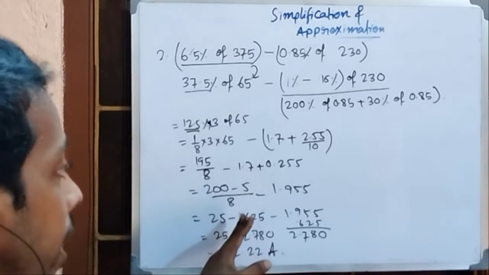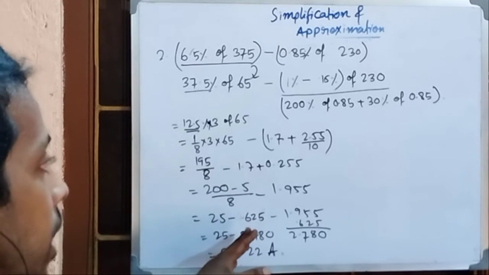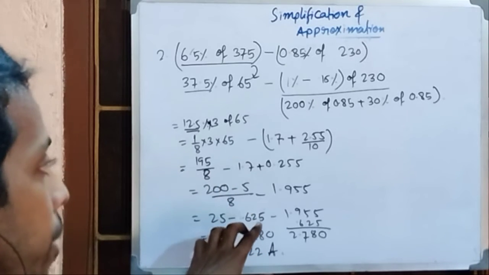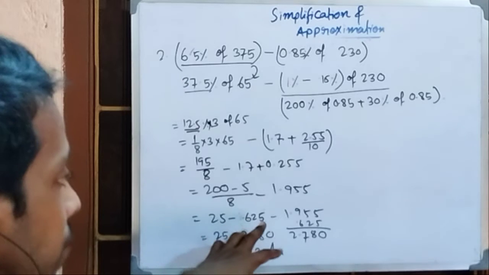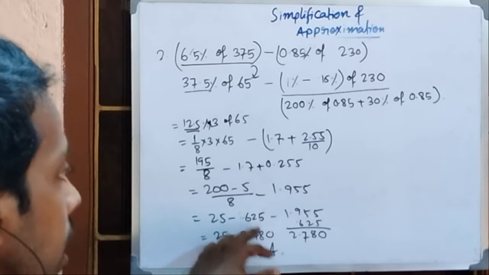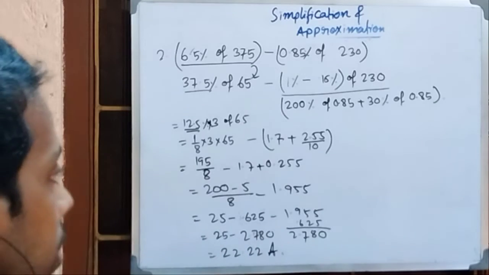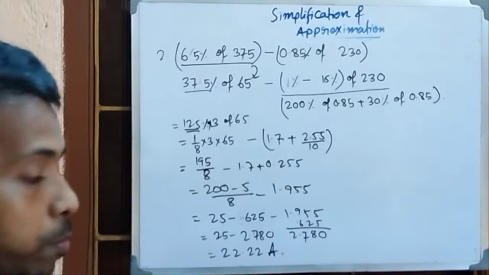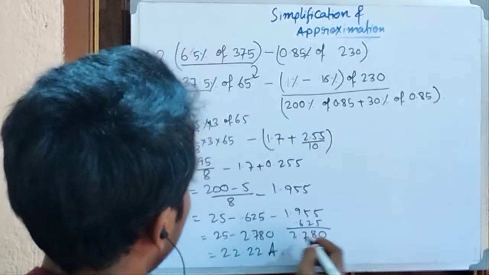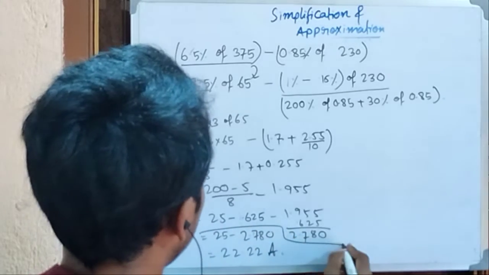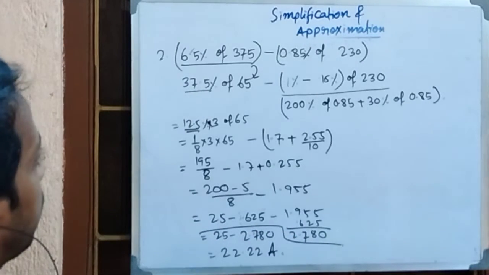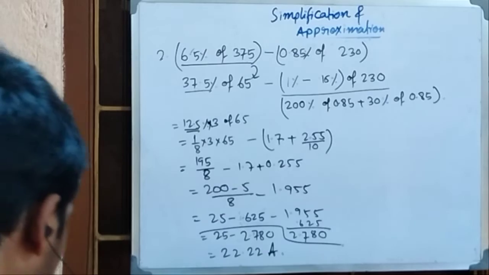As we are taking the fractional value, we have to divide the final number by 100. So 0.625 will come here, and minus 1.955, and then just the addition, subtraction process, okay? So this is it. Now moving to the next one.